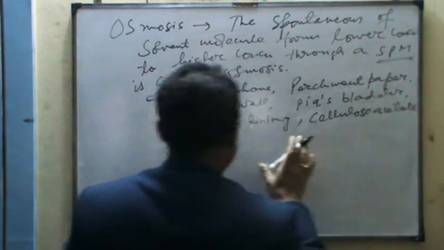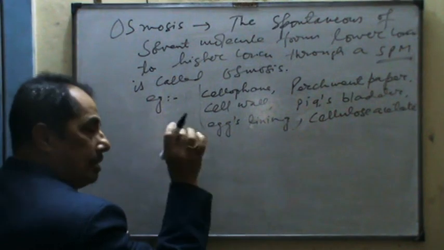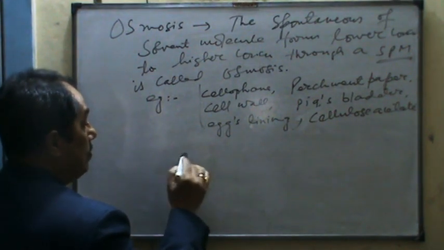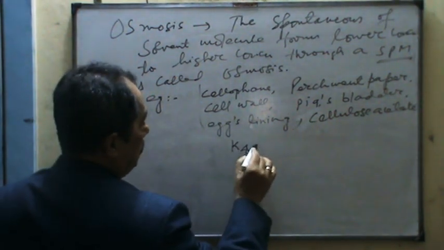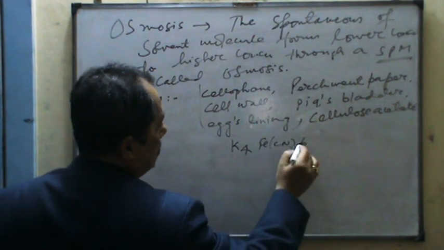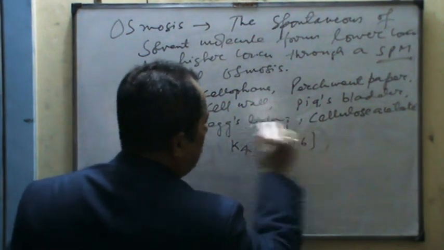And the artificial semi-permeable membrane, that's very important, is Cu2[Fe(CN)6]. How do you get this compound?